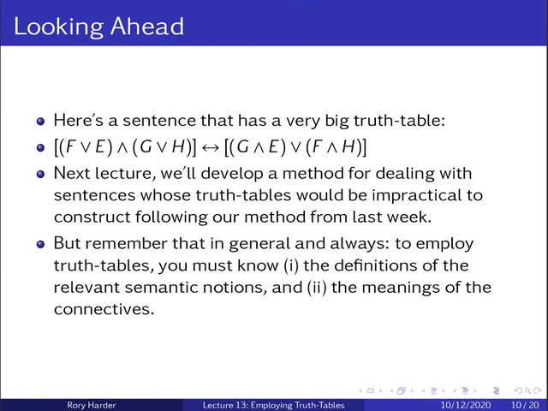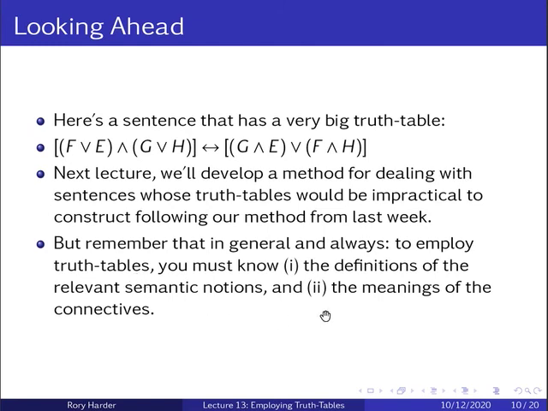But what you always have to remember, whether you're creating full truth tables or short ones following the method from next lecture, is that no matter what, you have to know first the definitions of the relevant semantic notions. So you have to know, for instance, what it means for a sentence to be a tautology or a contradiction, etc. You have to know the definitions of the semantic notions you're being asked about and how they relate to truth tables.